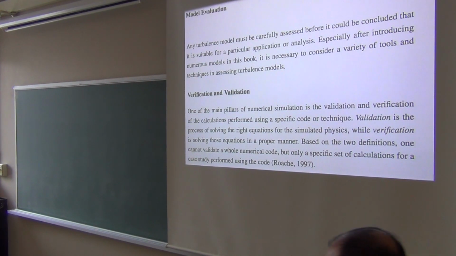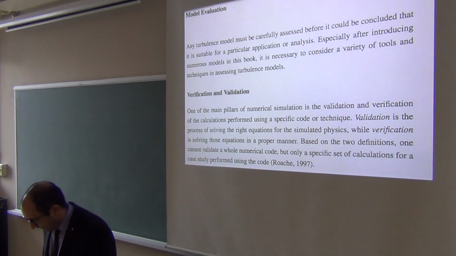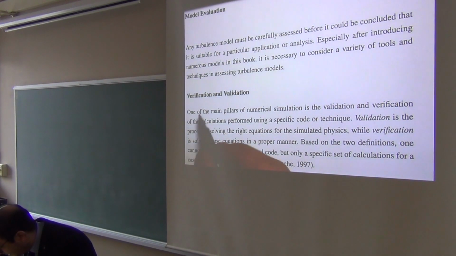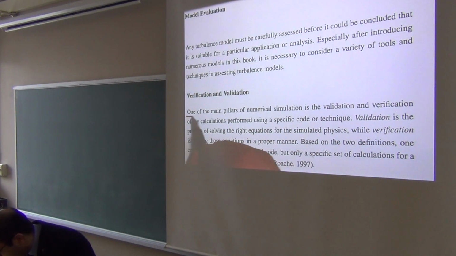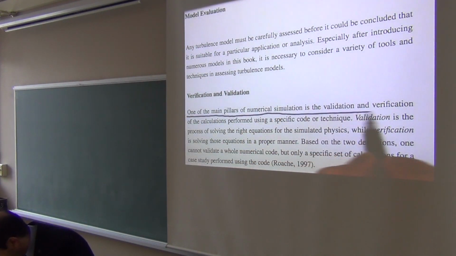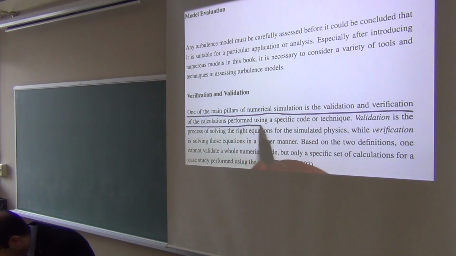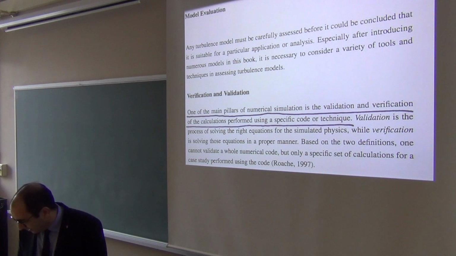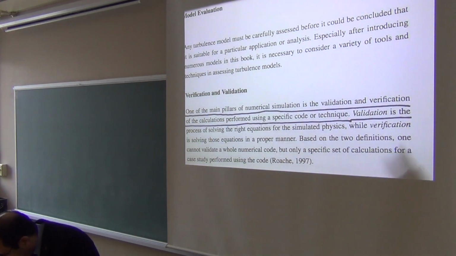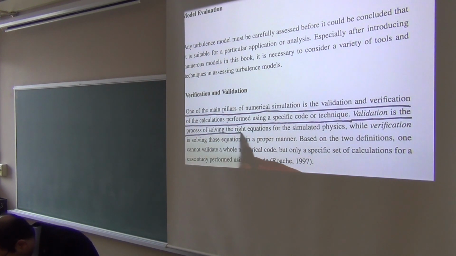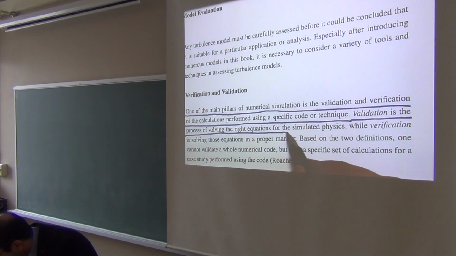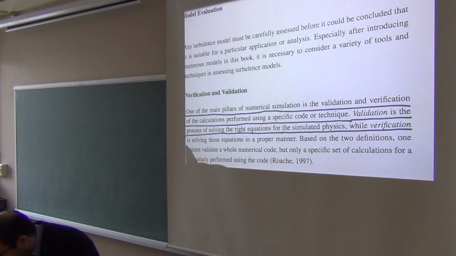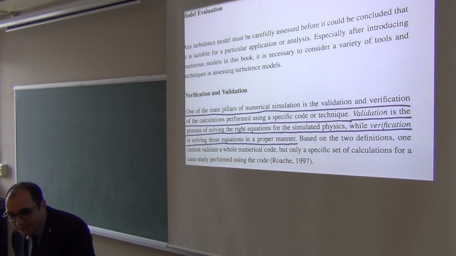So let's underline a few sentences here. One of the main pillars of numerical simulation is the validation and verification of the calculation performed using a specific code or technique. Validation is the process of solving the right equations for the simulated physics, while verification is solving those equations in the proper manner.